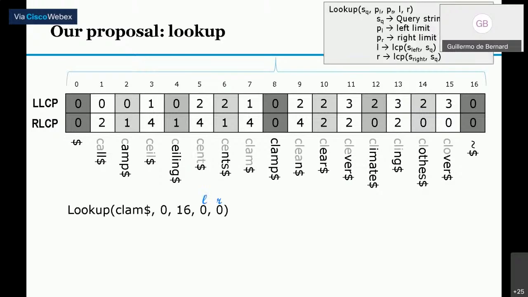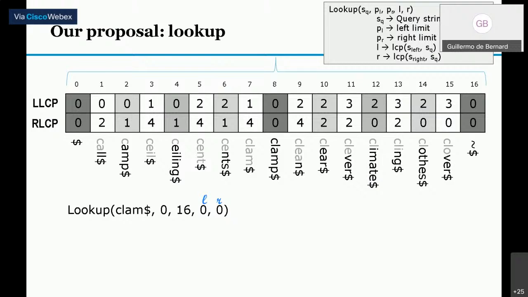Using this, we can easily look up a word following a kind of adjusted binary search combined with our specific arrays. We set two variables L and R that represent the longest common prefix between the query string and the leftmost and rightmost position in our search so far.